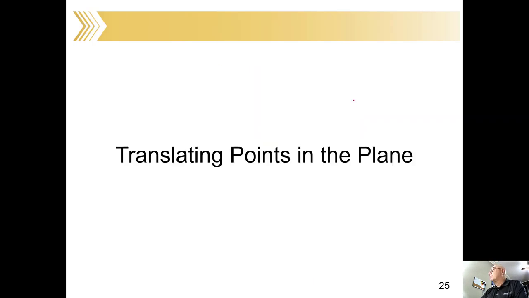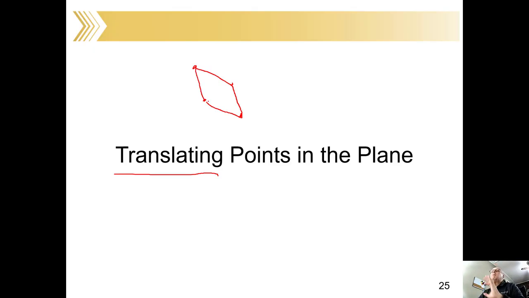Last of all, translating points in the plane. So what are we talking about? Okay, something like this. We've got some kind of figure on the plane. Let's suppose it's a parallelogram like this. Now, translating, what does that mean? That means we've got this figure.